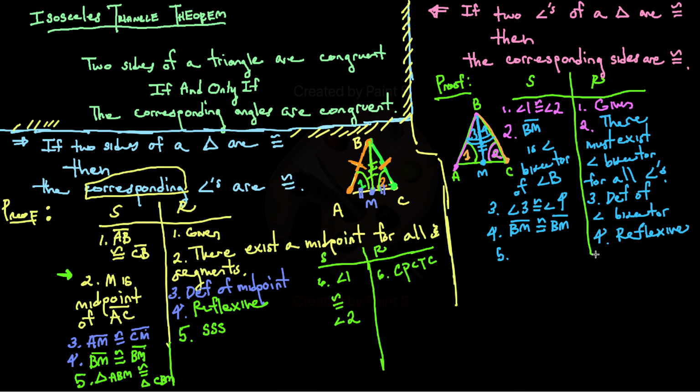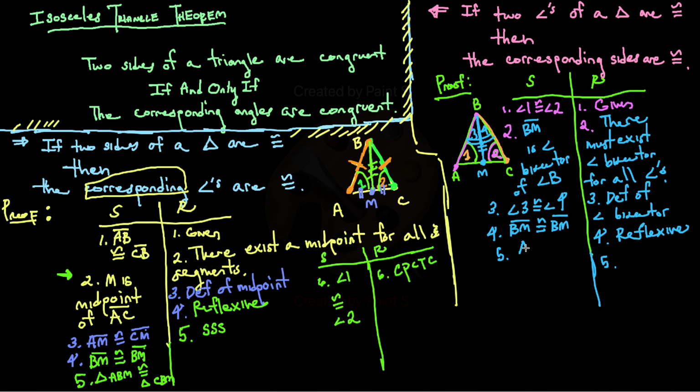After I say BM is congruent to itself, I have an angle, side. An angle, side is for sure going to prove the two triangles congruent. So we're done after I prove the two triangles congruent, because if the two triangles are congruent, then all their corresponding parts are congruent.